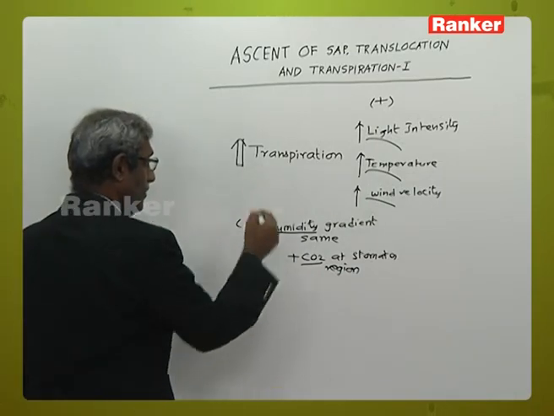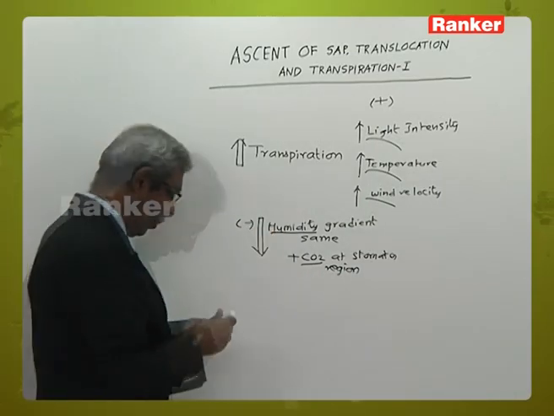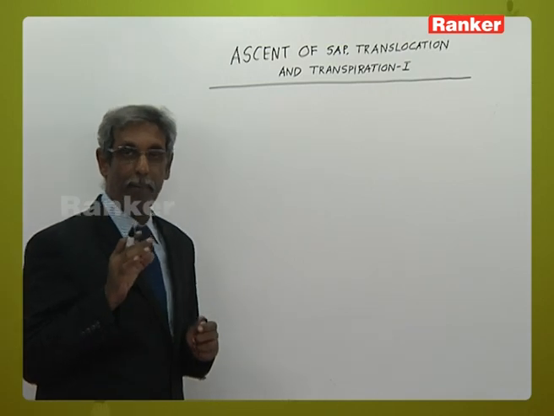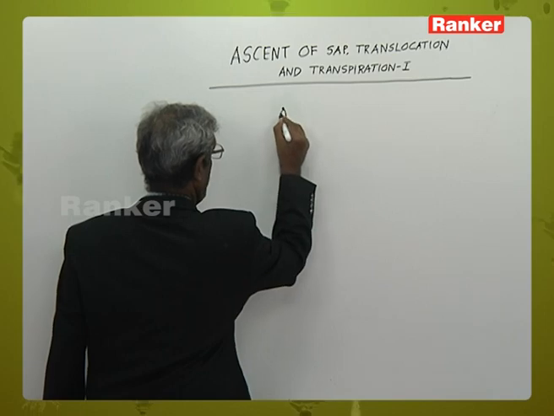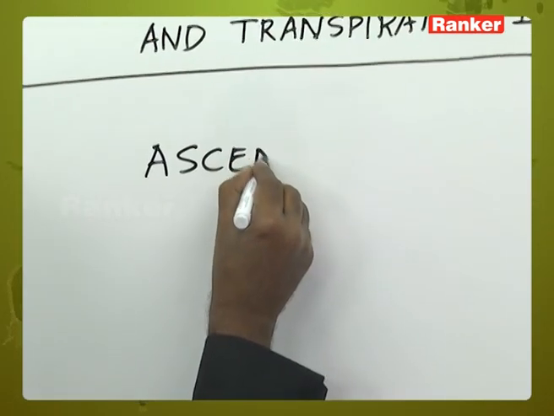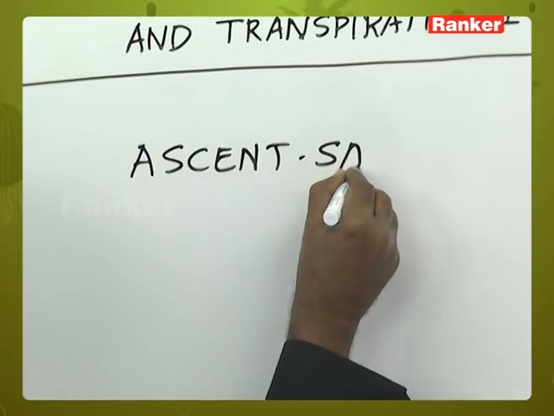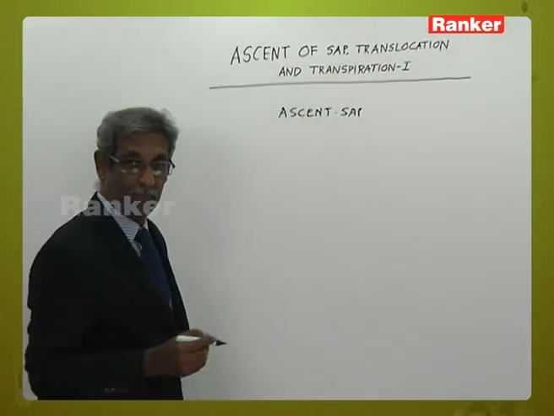What happens in the case of transpiration? How does it go high and low? Now we come to a very important concept on how sap flows, ascent of sap in plants.